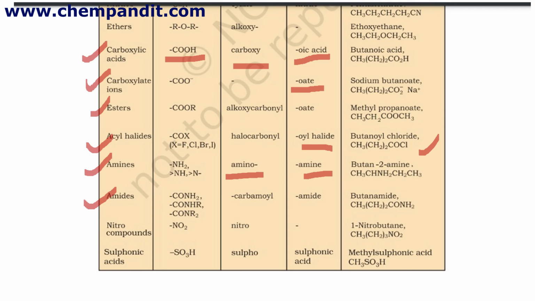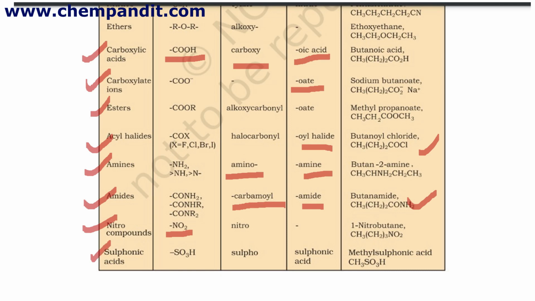Then when they are used as a prefix, the prefix carbamoyl is used, and when they are used as a suffix, the suffix used is amide. For example, butanamide. Then we have nitro compounds. The nitro group is the NO2 group, and they are always used as a prefix. The prefix is nitro. For example, 1-nitrobutane, 2-nitropentane, and so on.